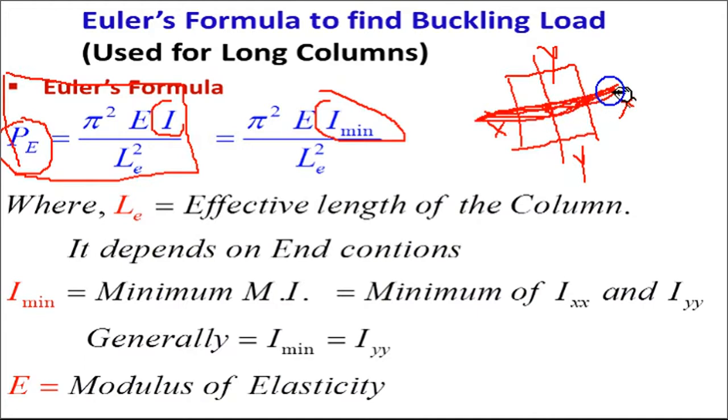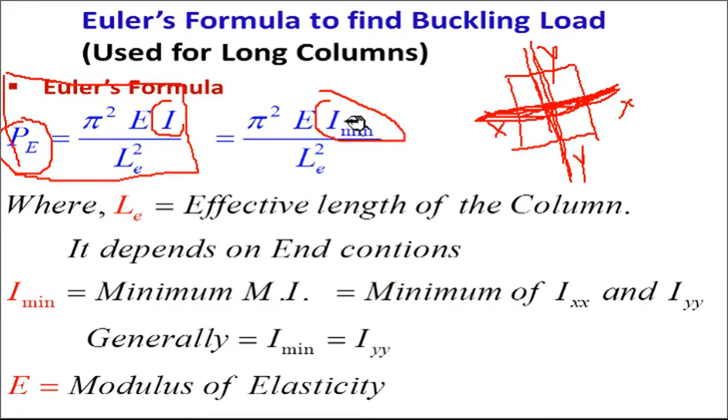Here the major axis is called the xx axis and the minor axis is called the y axis. When columns buckle, that buckling always takes place about the minor axis, and about the minor axis the moment of inertia is always minimum. That's why here I minimum is taken.